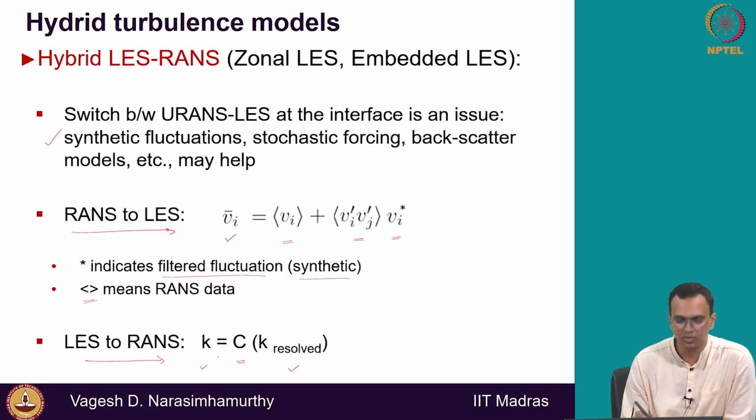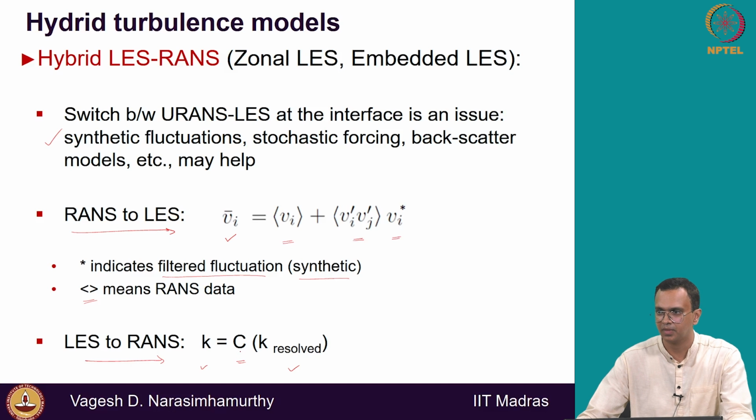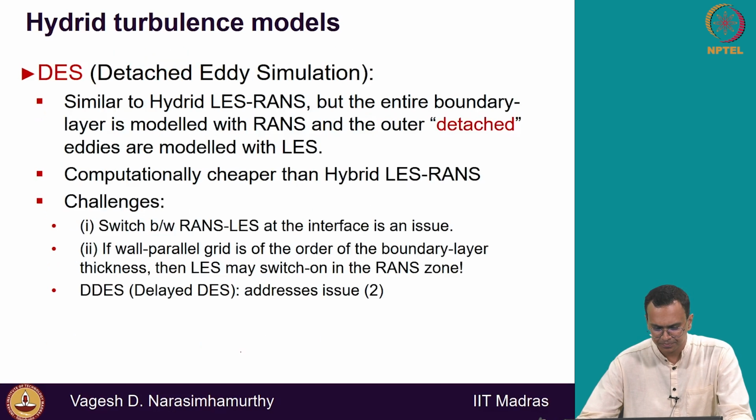You use a constant here, C, some constant, then you switch back from the resolved turbulence kinetic energy, you take k, and that goes into the RANS calculations at the interface. Okay, these are broad ideas I am telling you about. Each one requires its own deeper knowledge when you go into implementations, but some ideas are a lot simpler to implement. It's not as complicated. Okay, that I'll come to. The next idea is much easier.